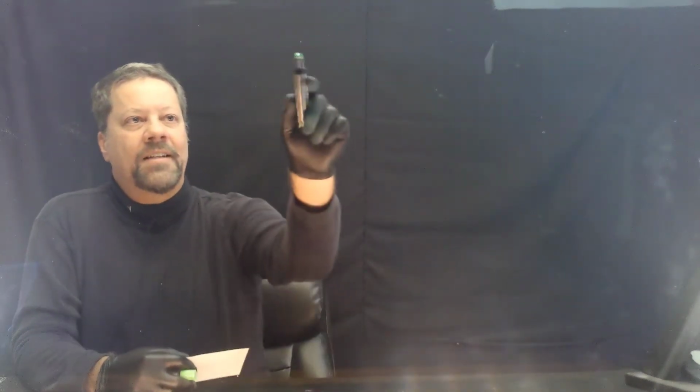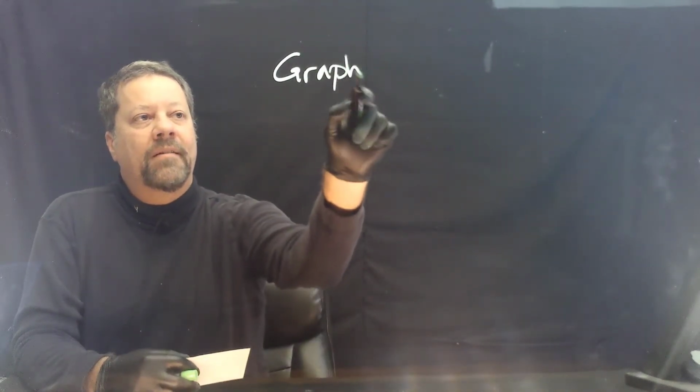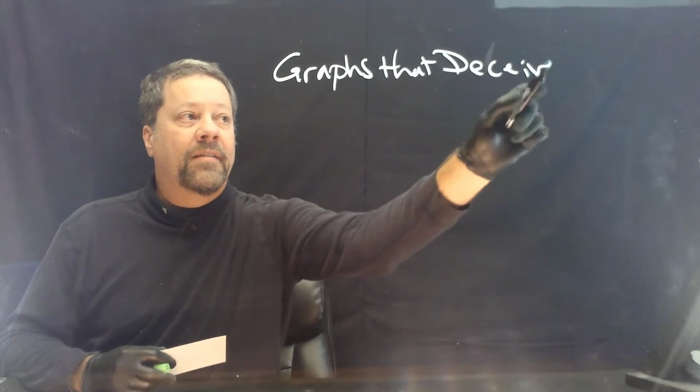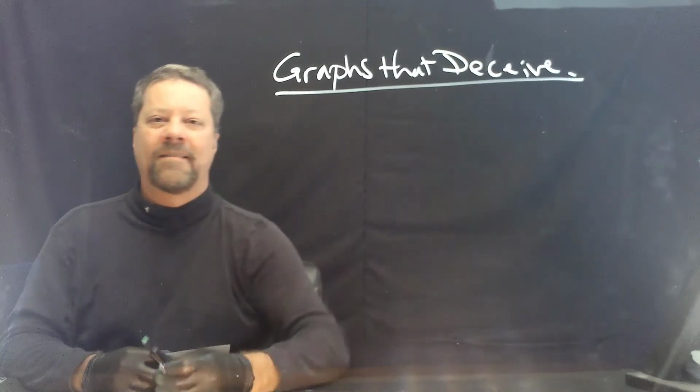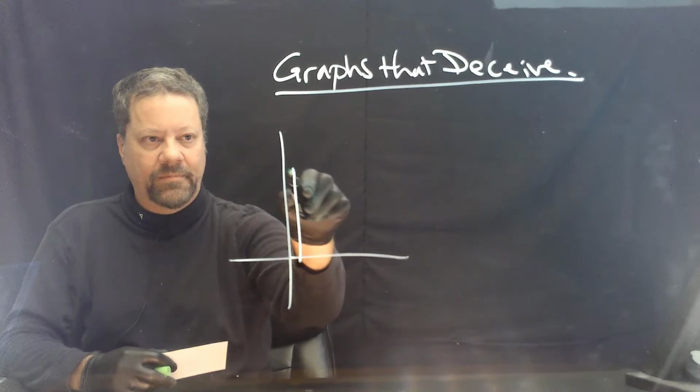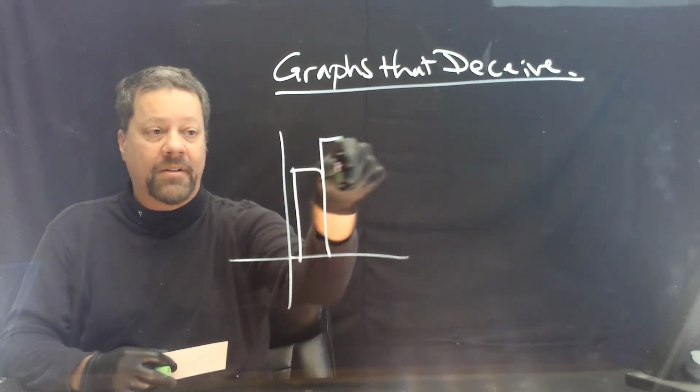I want to give you a sense of graphs that deceive. Suppose I'm using a bar chart, maybe even a histogram, I don't know.